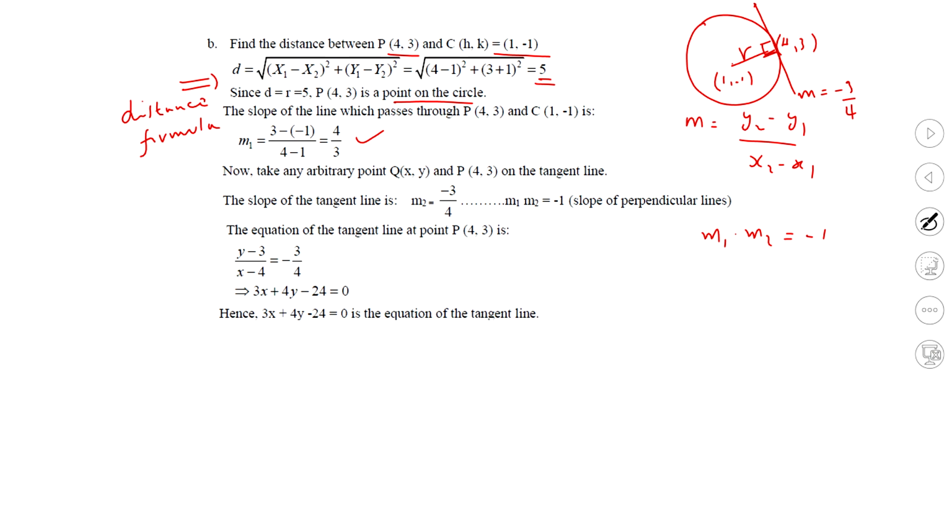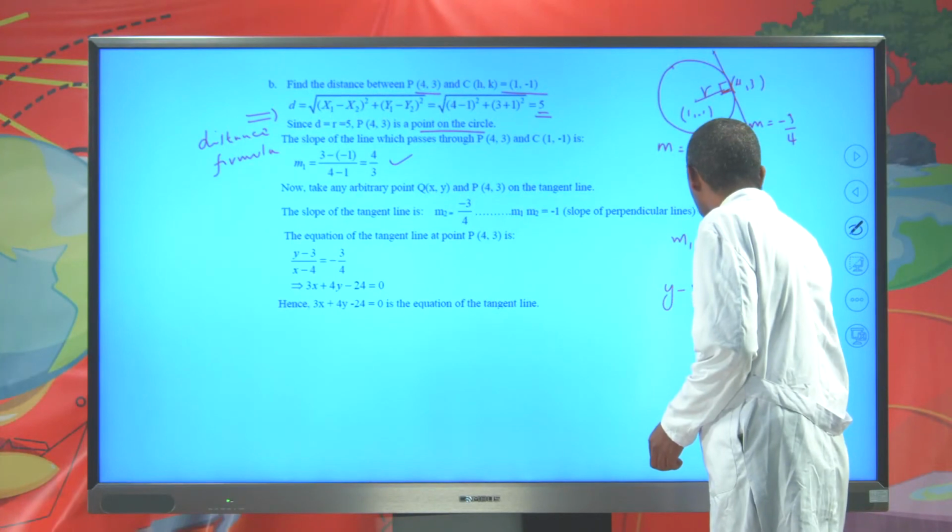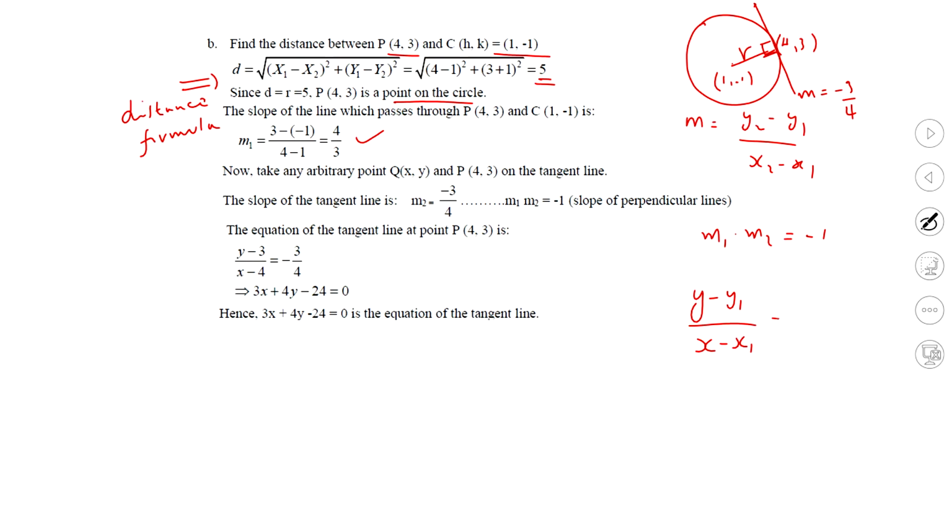Once we know the gradient of the tangent line, using this formula, (y minus y1) over (x minus x1) is equal to m. Here, our point x1 and y1 are 4, 3. So in place of y1, we replace 3, y minus 3.